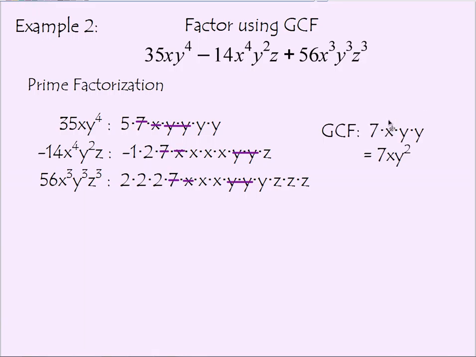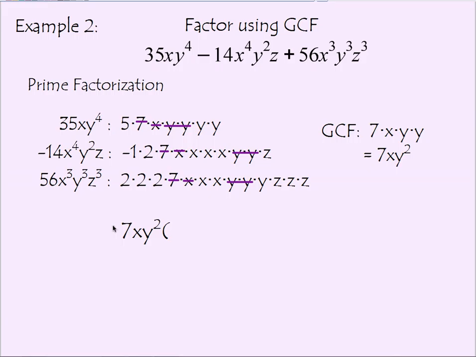So they had a 7, an x, and 2 y's in common. When I multiply those together, I get 7xy squared. This is my greatest common factor. That's what I'm going to pull out front when I do my reverse distribution.